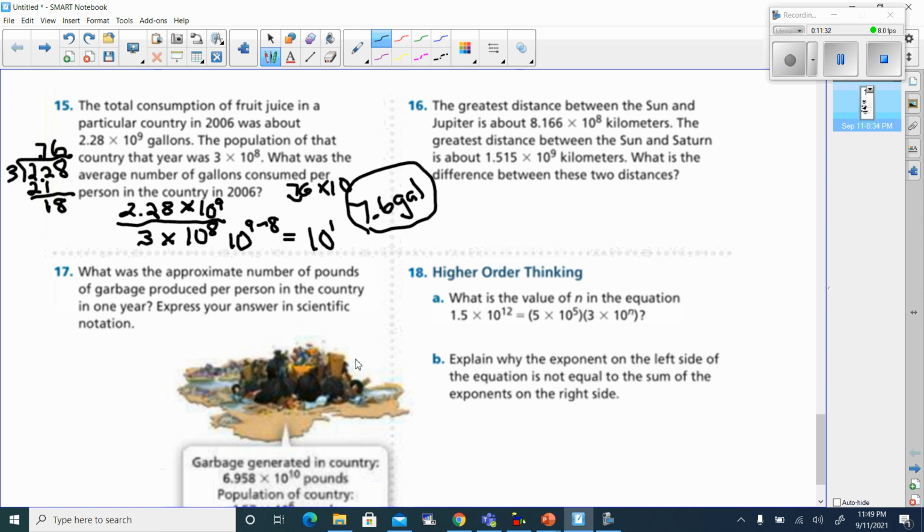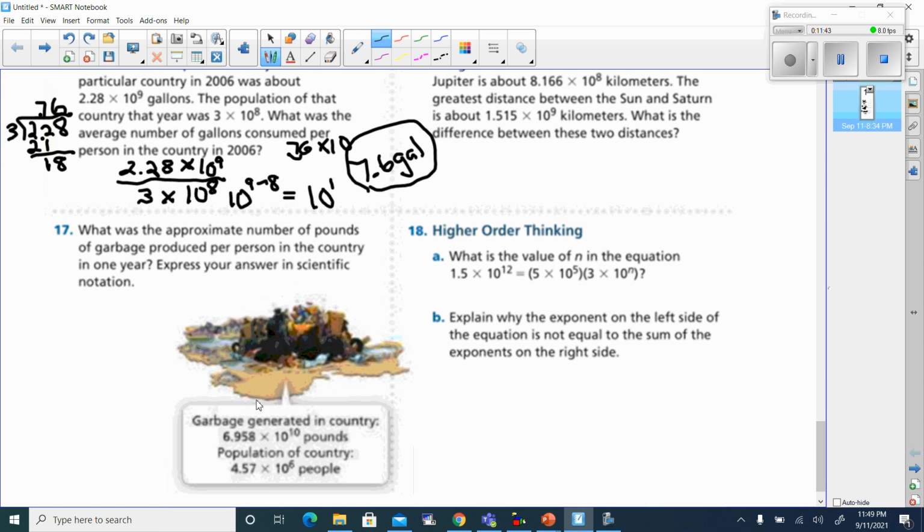All right. And now we have, what was the approximate number of pounds of garbage produced per person in the country in 1 year. And it says here, garbage generated in the country was 6.958 times 10 to the 10th power.